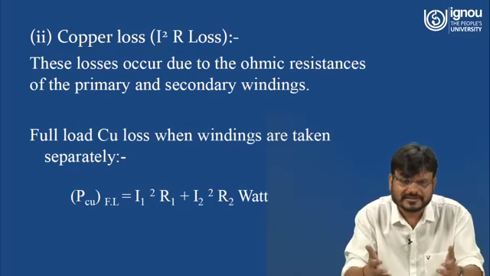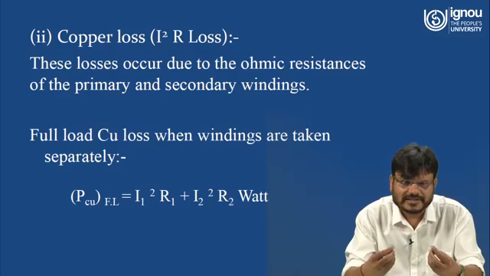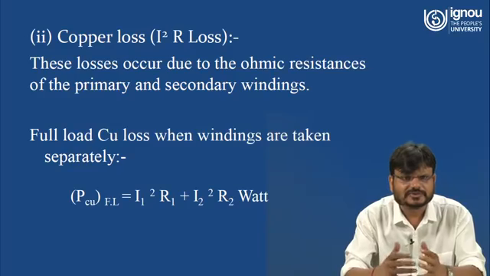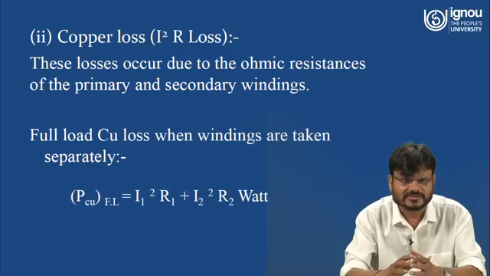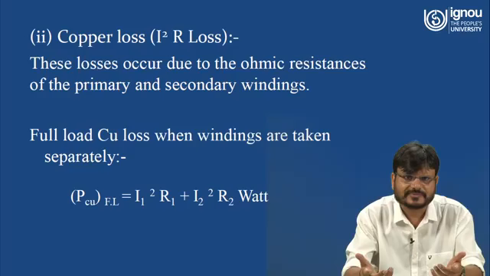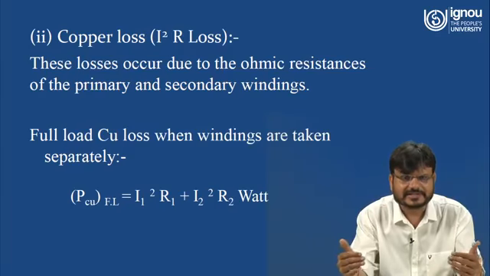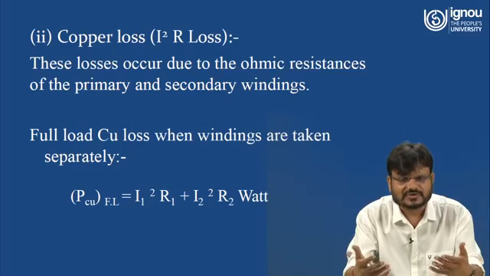If there is a winding, that means some material, it may be copper, it may be aluminum. Generally the winding of the core is made of copper, that's why it is called copper losses. If there is copper, it will have some resistance also. If in any resistive wire a current is flowing, there will be some I square R losses.